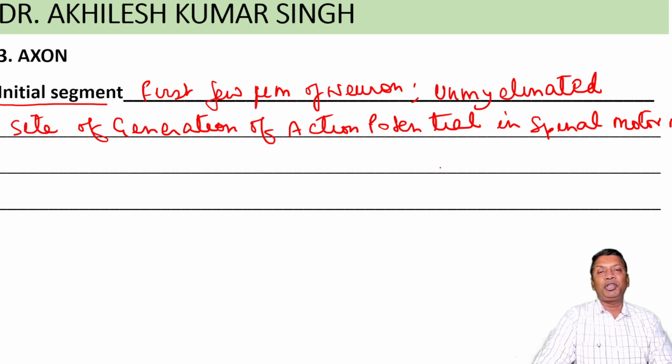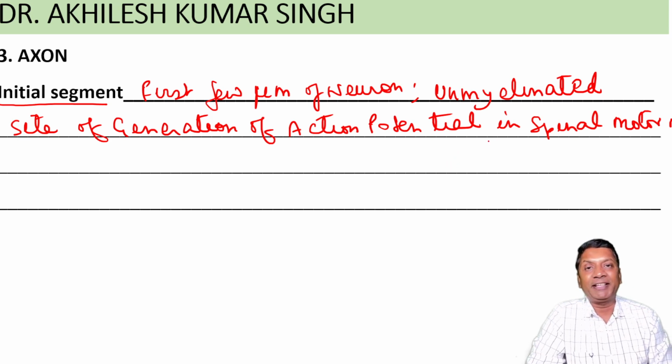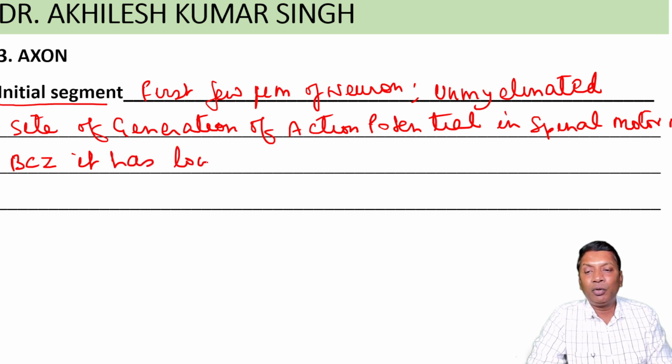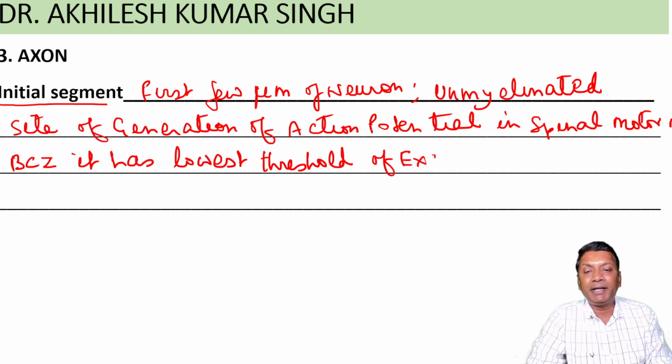Right. Now the question is, why is it a site of generation of action potential? The answer is because it has the lowest threshold of excitation. Now another question is, why does it have the lowest threshold of excitation?